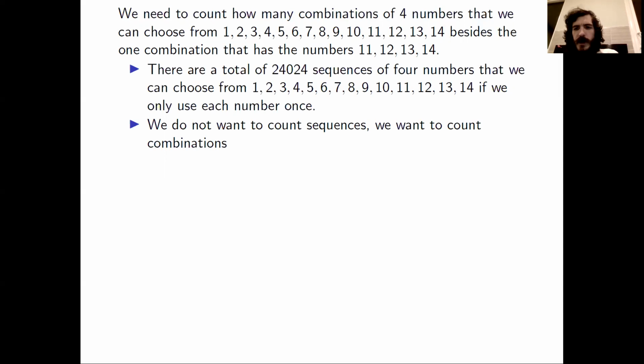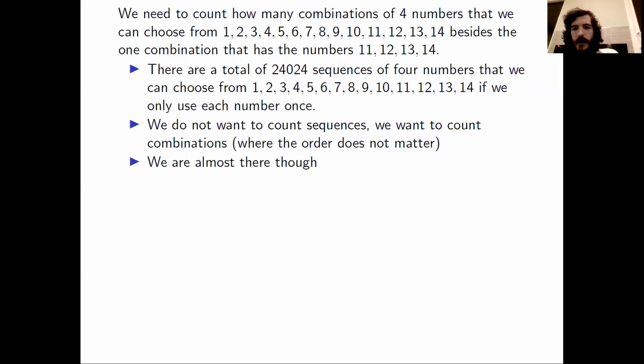Again, we don't want to count the sequences. We want to count combinations. What is the main difference here? In the combinations, the order does not matter. In the sequences, the order does matter. We can get the number of combinations, though, by dividing the number of sequences by a certain number.